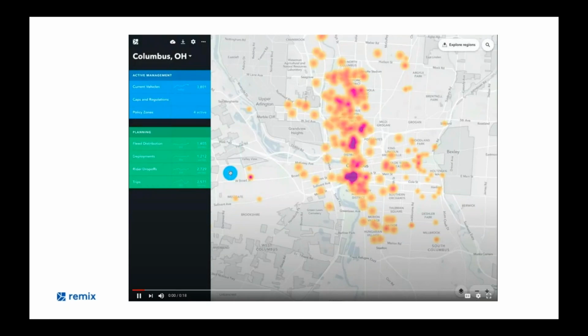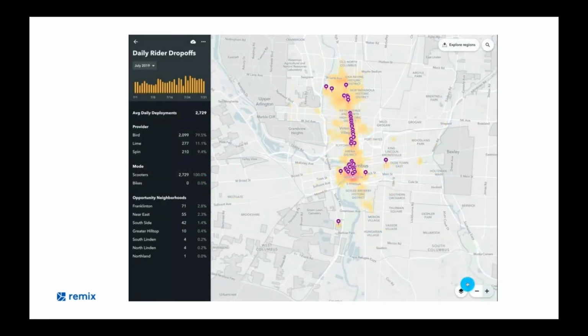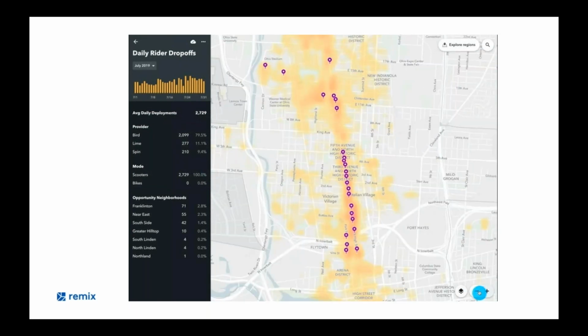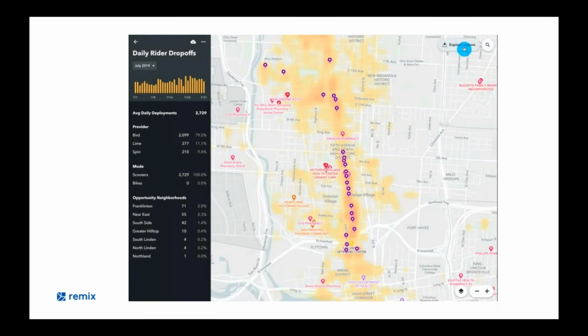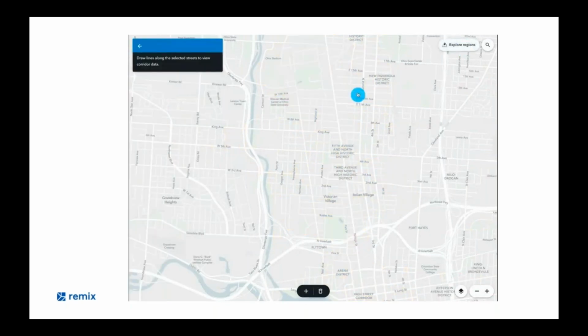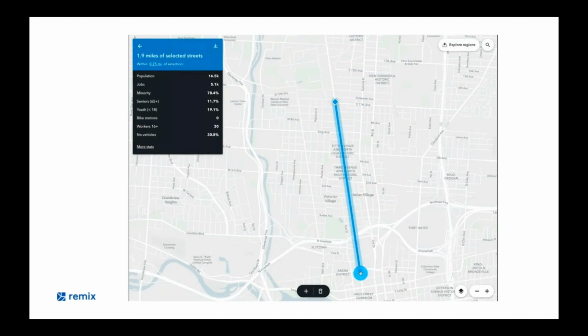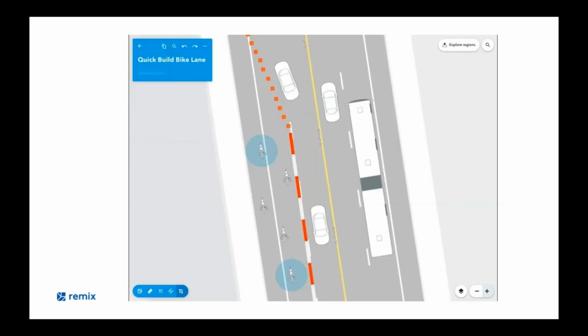A little bit of what we do: Remix is a platform that helps cities quickly gain insights about where scooters are being distributed and how to plan networks that support their needs in the pandemic. That might be looking at health centers, like in this image, and then drawing a network that quickly pulls up the demographics that you'd be serving, as well as sketching what that quick build might look like.